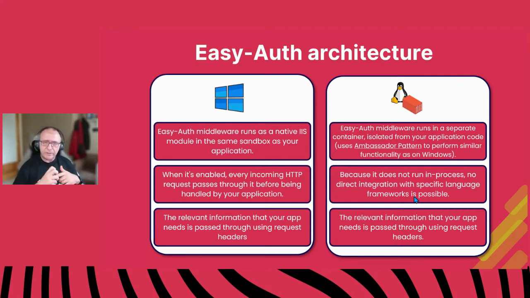Because it is not running in the same process as your application, the disadvantage of this approach is that you don't have a direct integration with your application, but as happens in Windows, you receive the identity information in the headers.